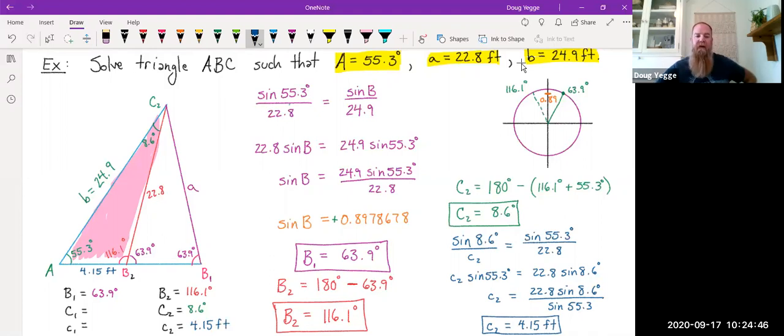But we still need to find C1, the angle C1, and the length C1 for the larger triangle. So now let's take a look at the larger triangle, which is going to be the entire triangle.